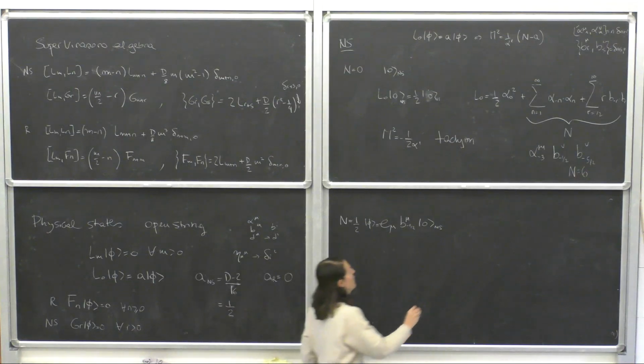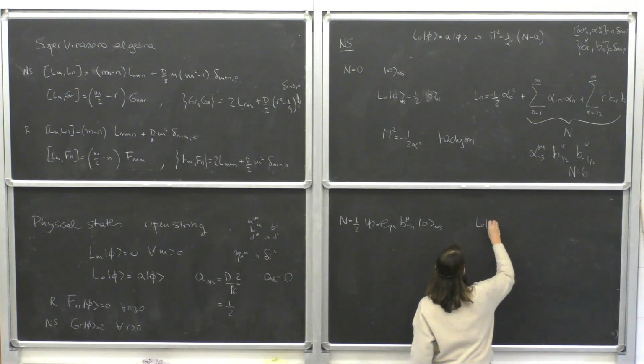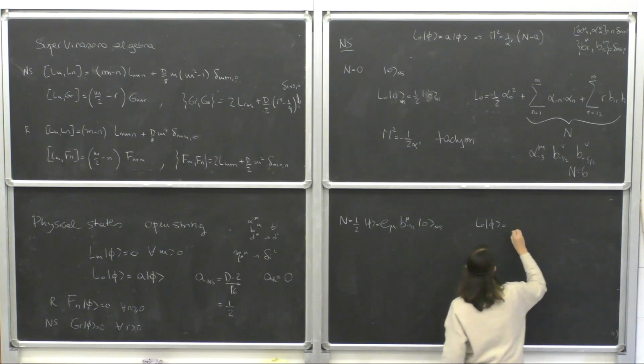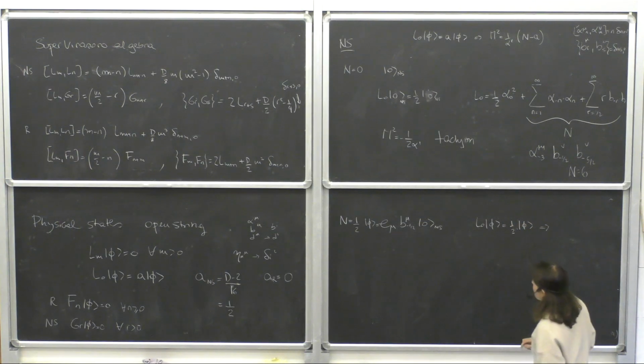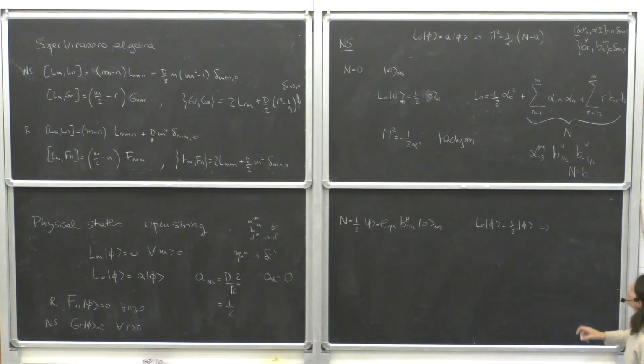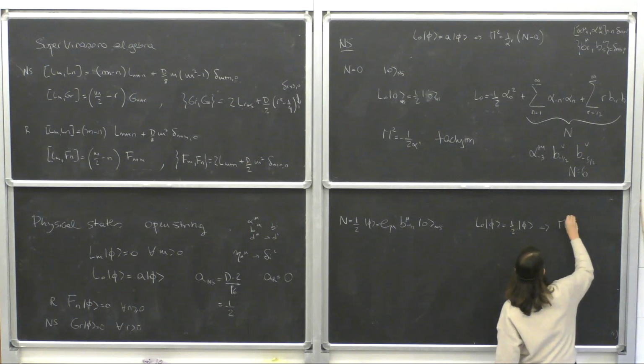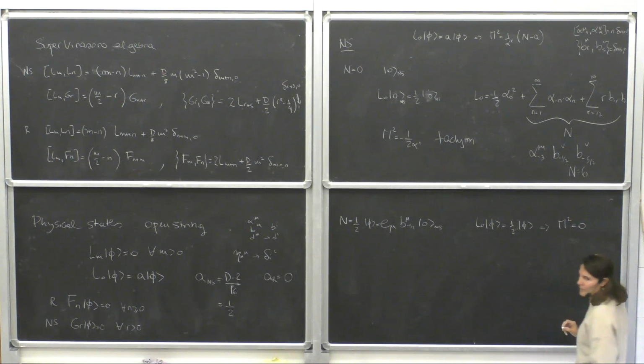So the L0 condition, L0 phi equals A phi, or 1/2 of phi. This will tell me that this state is massless, right? Okay, nice, massless vector. We like that.